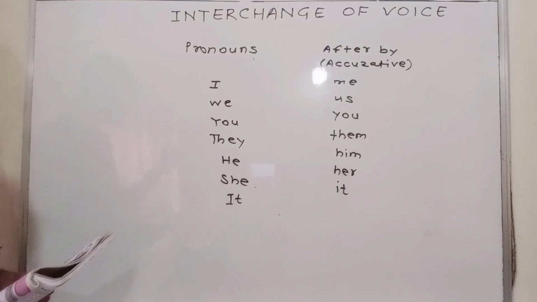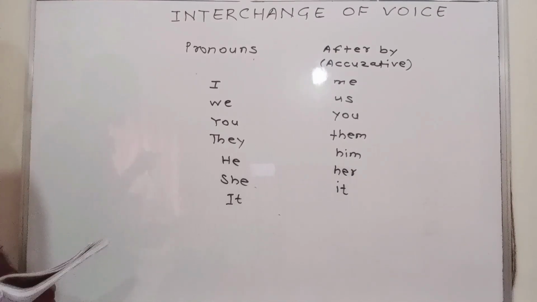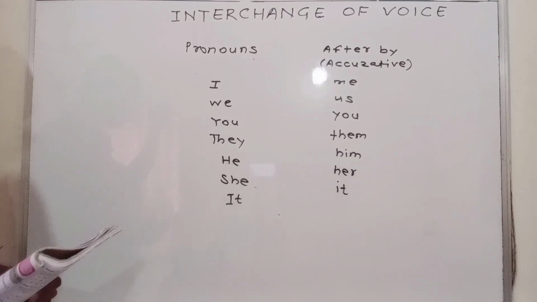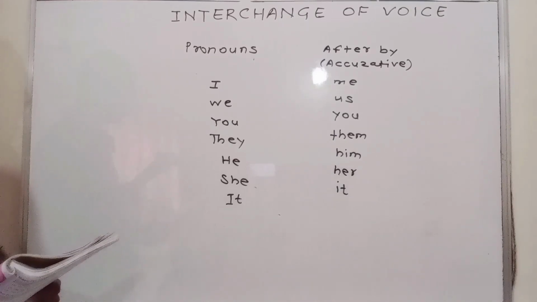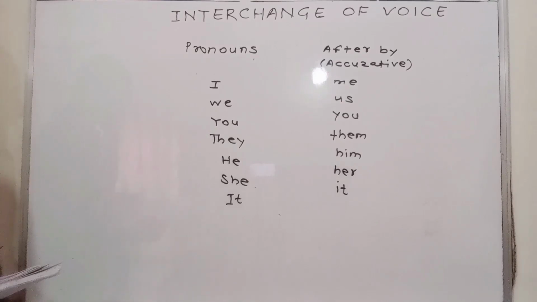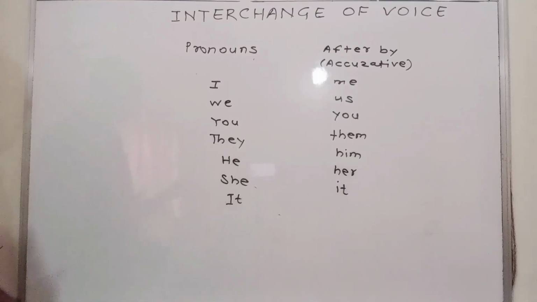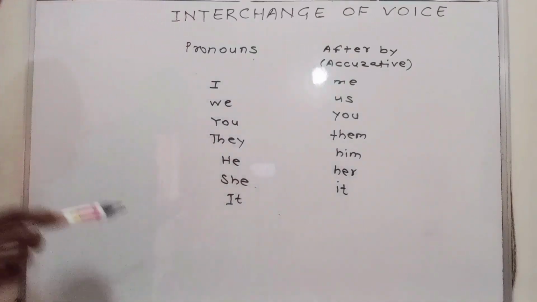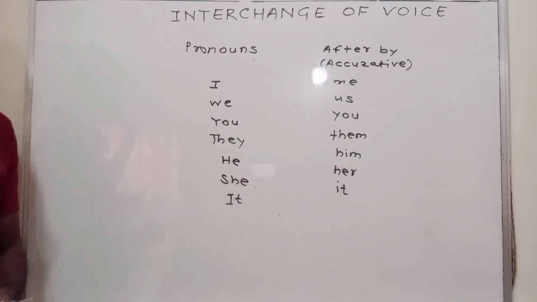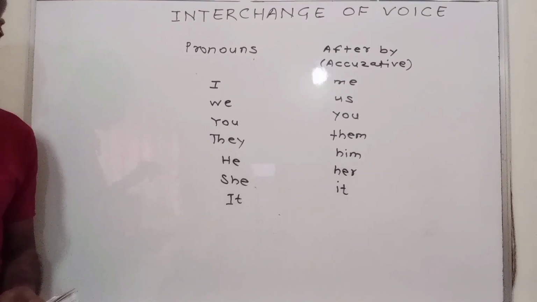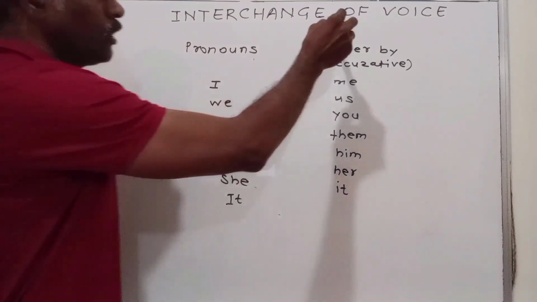Finite verb means that it changes according to tense, according to number, etc. Voice is that form of a finite verb which shows whether the action is done by the subject or the action is being done to the subject. That is what we call voice.